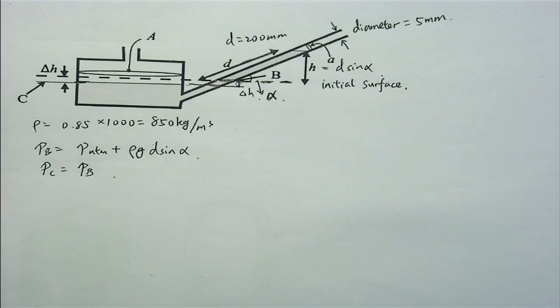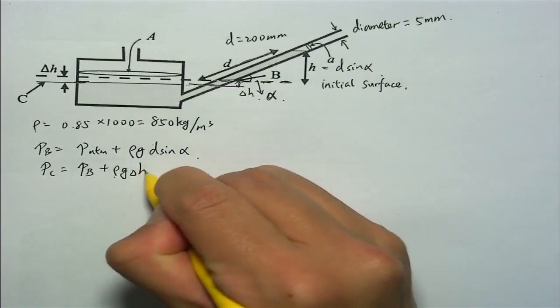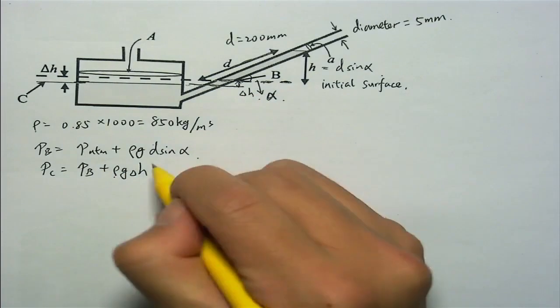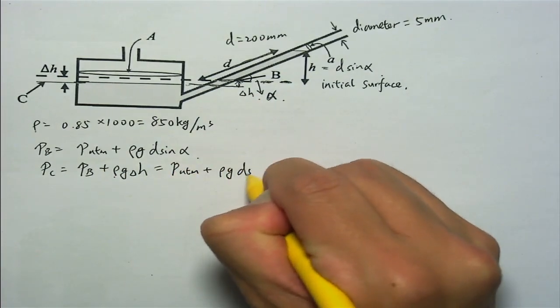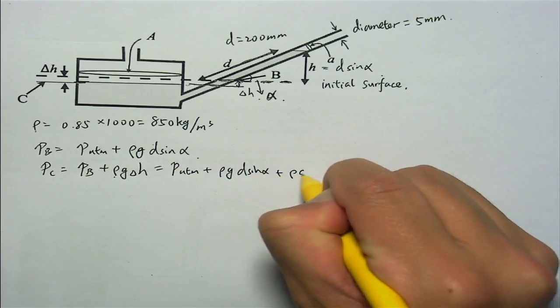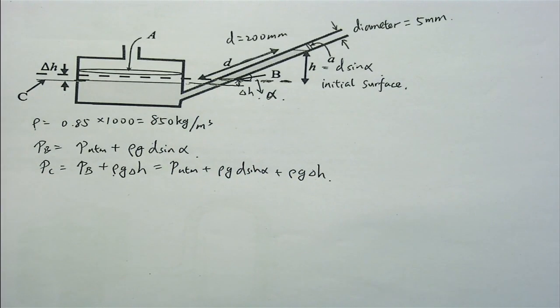So the PC is PB plus rho G delta H, which is P atmosphere plus rho G D sine alpha plus rho G delta H. So we know the relationship of the pressure at the surface C and the surface B.